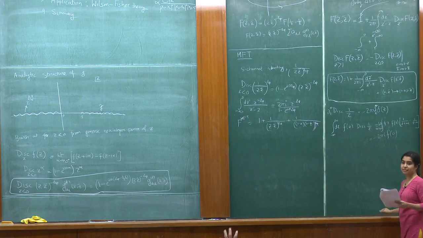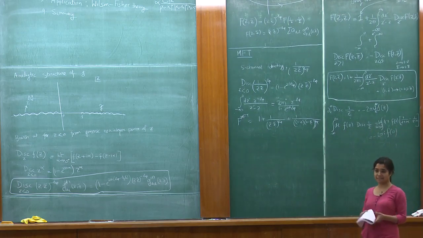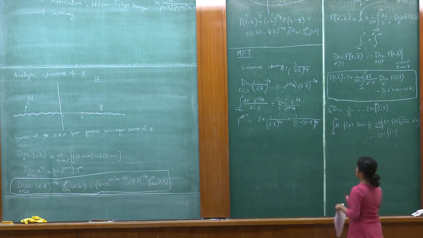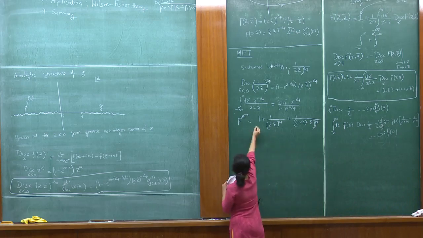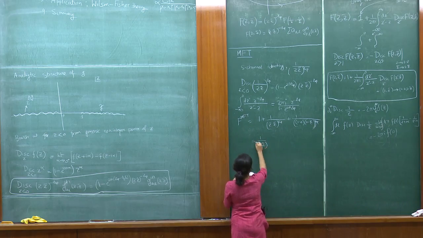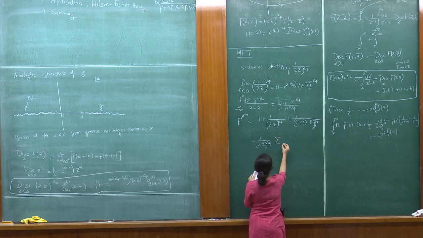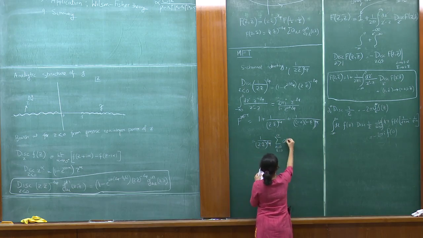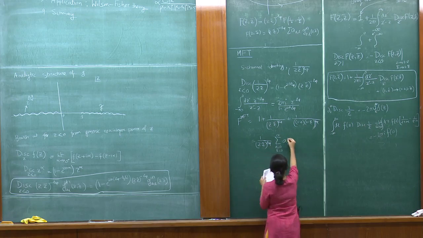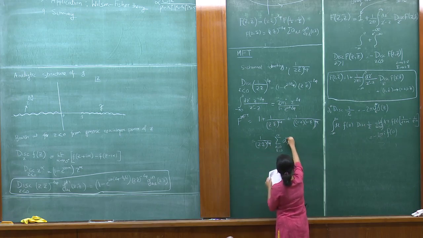Now the discontinuity of z to the n. So what do we get from this? We know that from the block expansion, you can decompose it into blocks, where we have these operators, and these are the coefficients, say for mean field theory.